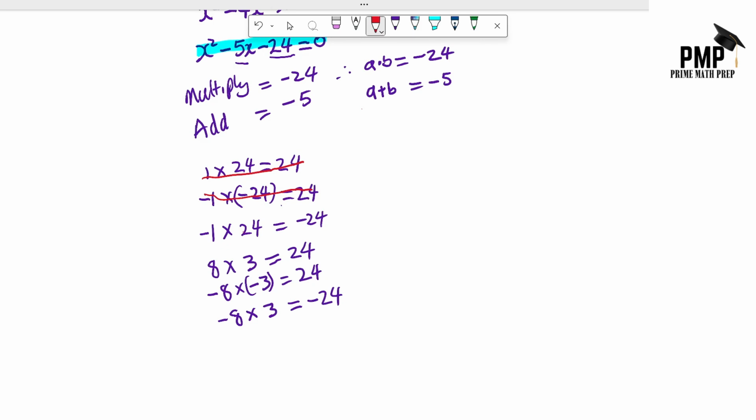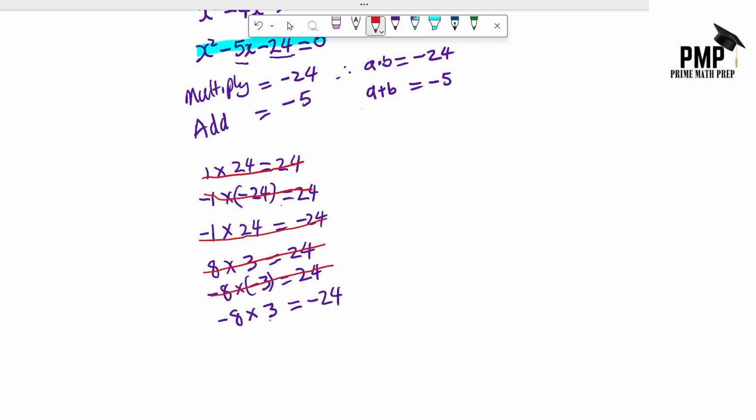Negative 1 plus 24 will not give us negative 5. 8 plus 3, this will rule out. Negative 8 plus negative 3 is negative 11 and not negative 5, we'll rule it out.